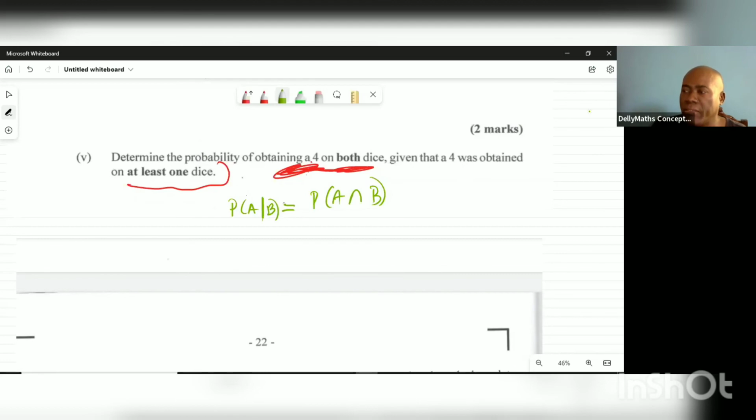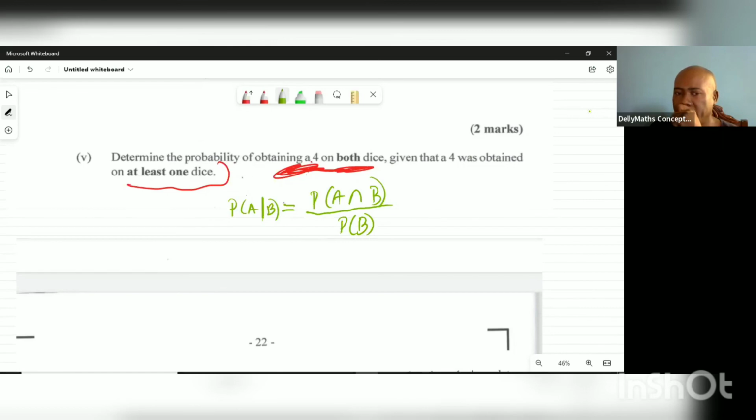And you put that over the probability of the last one, the one that occurs. So what is the probability of getting another 4 given that we have a 4 already? That's what this is saying.